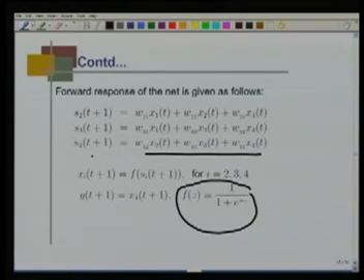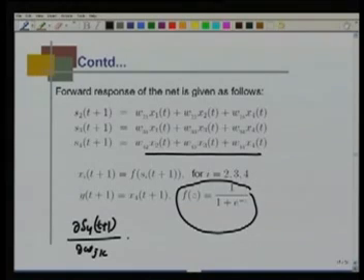So, if I differentiate ∂s4(t+1)/∂w_jk, I am differentiating this particular term with respect to w_jk.